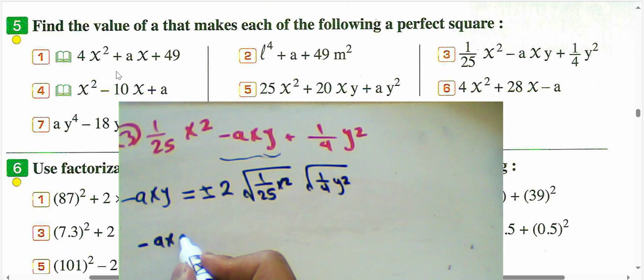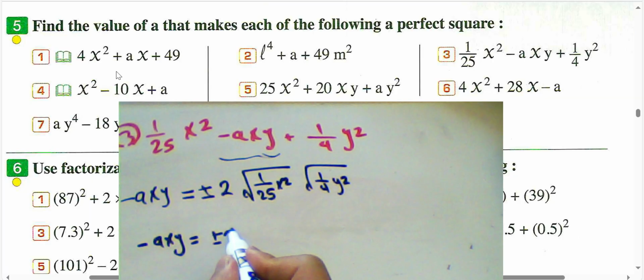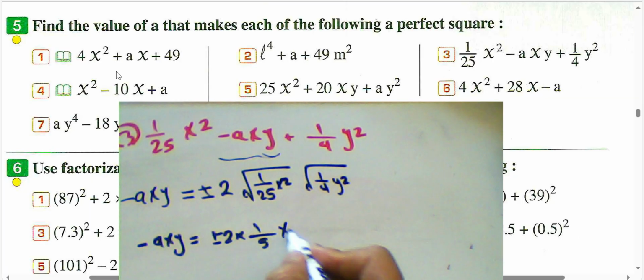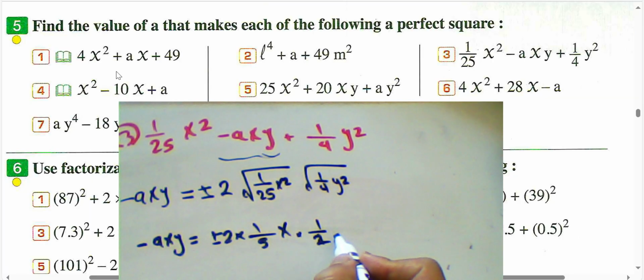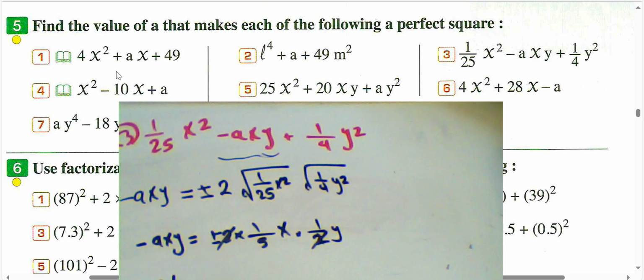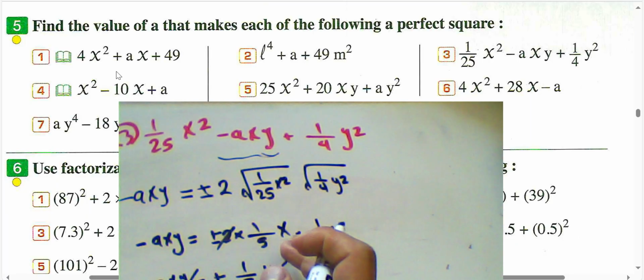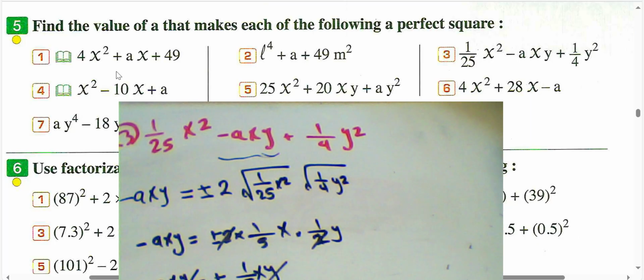Then negative axy equals positive or negative 2 times 1 over 5x times 1 over 2y. 2 divided by 2 is 1. Then negative axy equals positive or negative 1 over 5xy. We can divide by y, or cancel the common factor between them, and we also have x. Then negative a will be equal to positive or negative 1 over 5, and the value of a equals positive or negative 1 over 5.